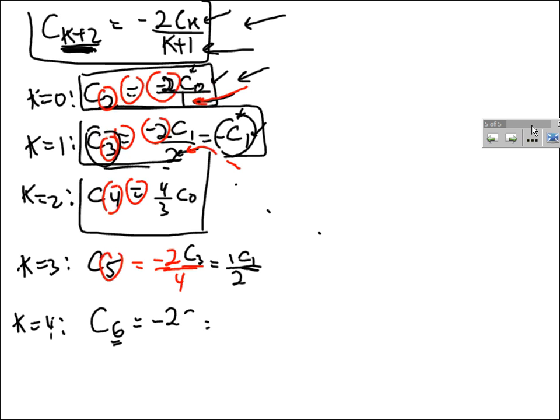I get negative 2C4 over 5, which is negative 2/5 times C4. And C4 is 4/3 C0. So I get 8 over 3 times 5 C0.